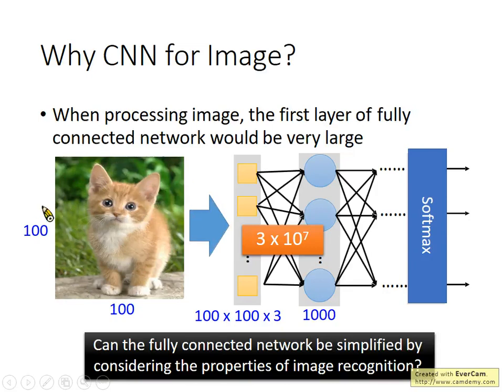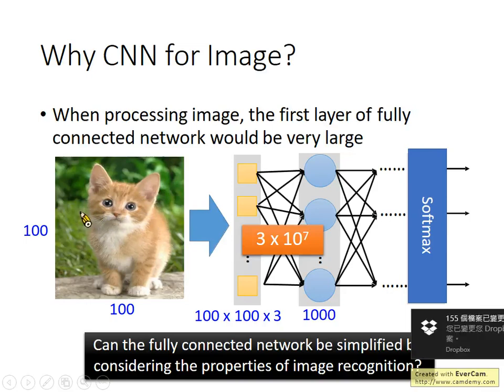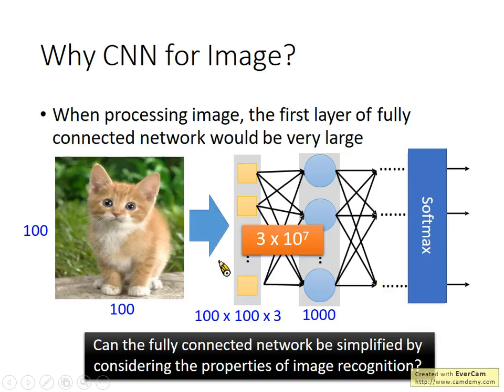And if the image is colorful, we have to separately describe red, green, and blue, so the dimension is even higher. Assume this is a colorful image, and the input layer should consist of 100 by 100 by 3. So this is a very, very high dimensional feature vector.